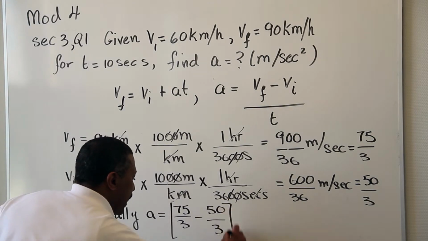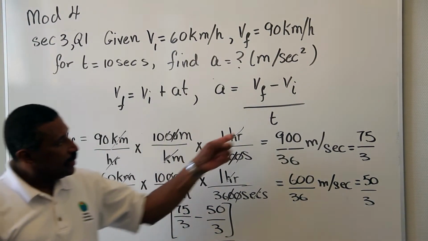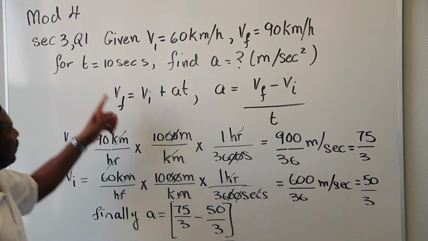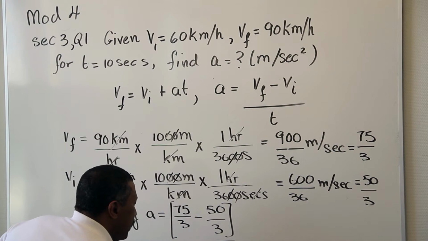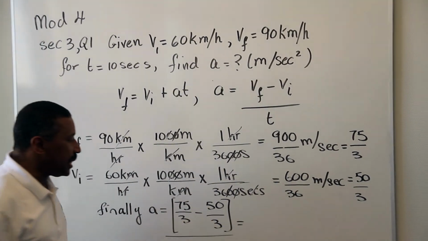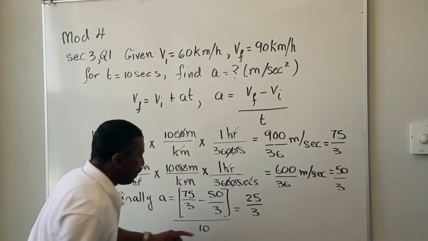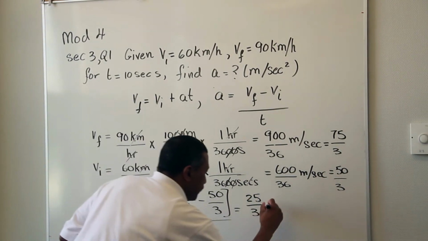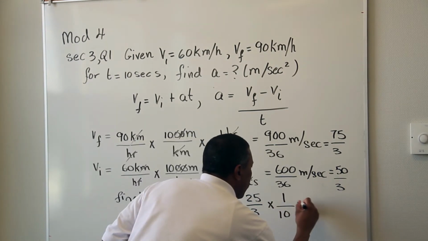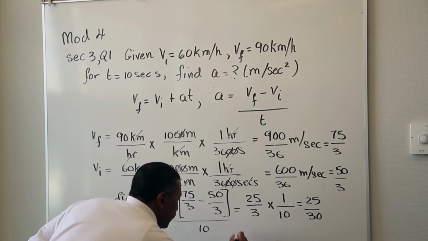Put that into our brackets, and then that final part is divided by time. And how much is time? Time is 10 seconds. And this is where the fraction comes into play very handily. That works out to 25 over 3. The 10 is on the bottom, so 1 over 10, or 25 over 30, and you have your answer.